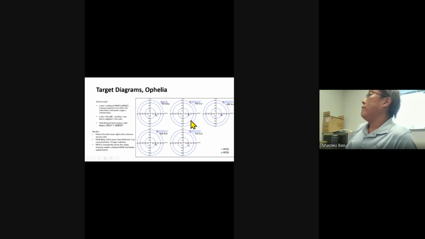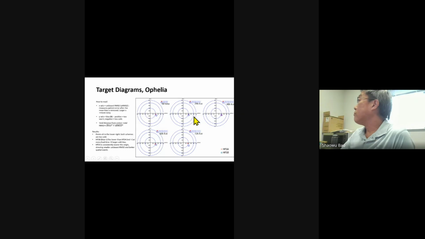The same thing for Ophelia, and Ophelia is a little bit different than the other storms. If you look at the 24-hour forecast and 48-hour forecast, you can see the results are very mixed. However, we see the same larger bias for HAFS B after the 60-hour forecast.